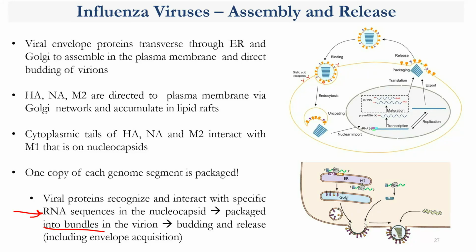Finally, as the whole complex reaches the plasma membrane, you can start to bud off, and at that point, you are going to acquire the envelope, and the virus will be now outside the cell and ready to go infect other cells, okay?